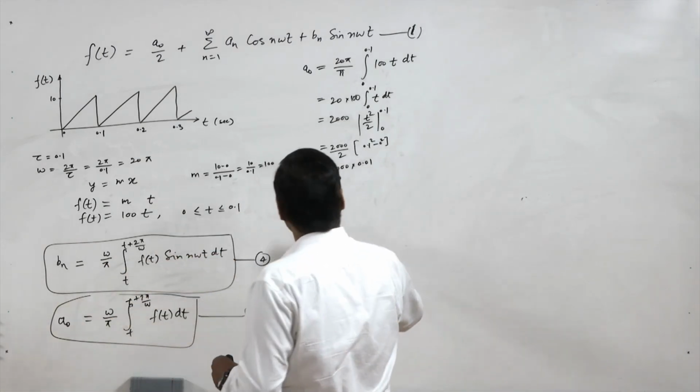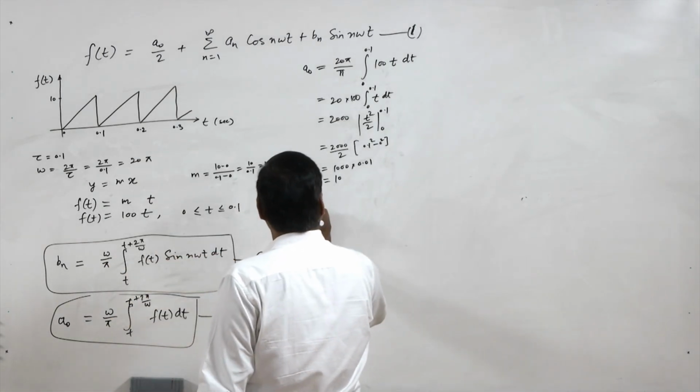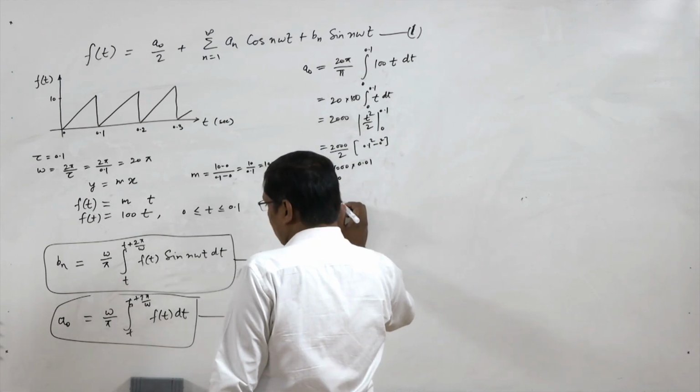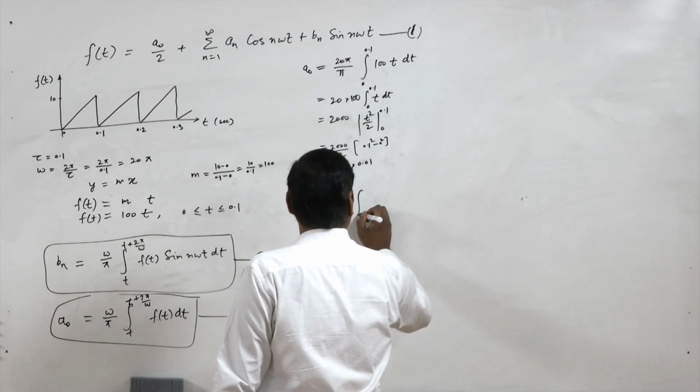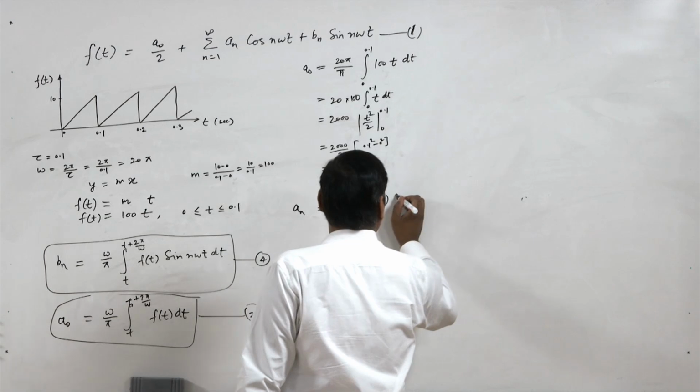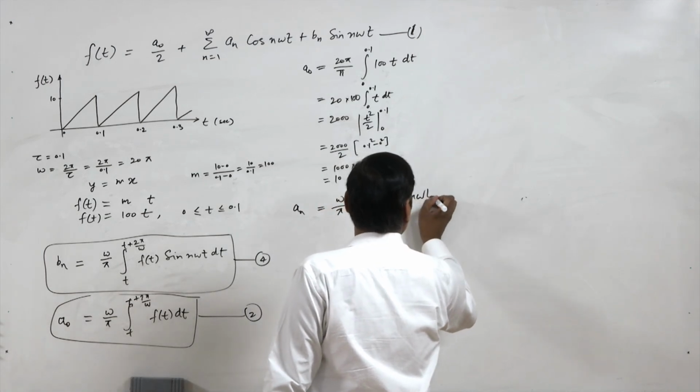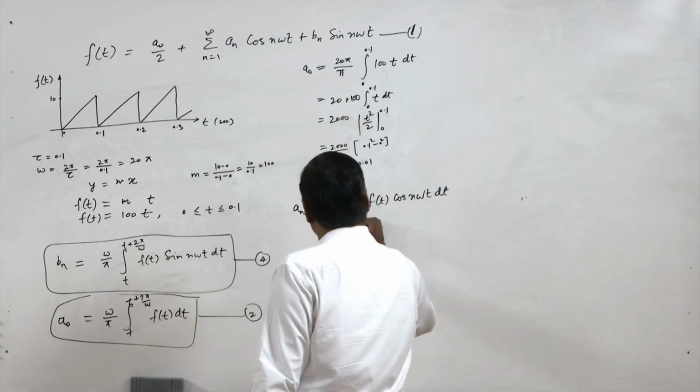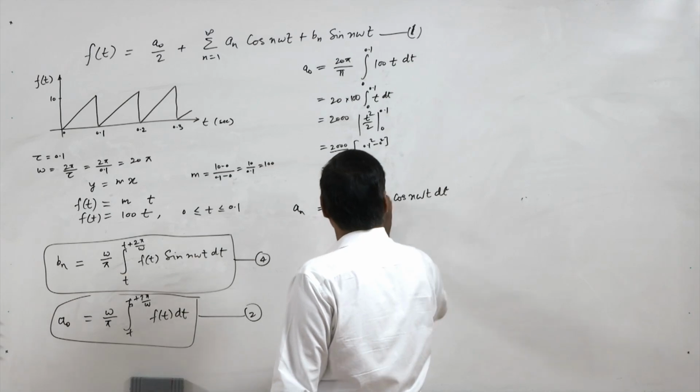Now we need to know an. So an equal to omega by pi, integral of f(t) cos n omega t dt, from 0 to 0.1.